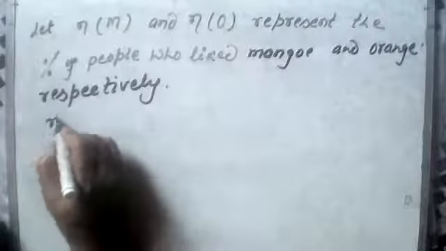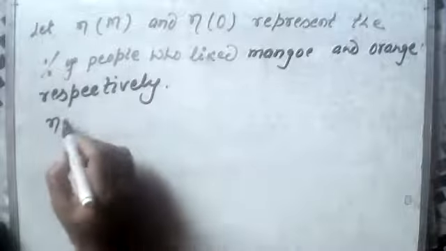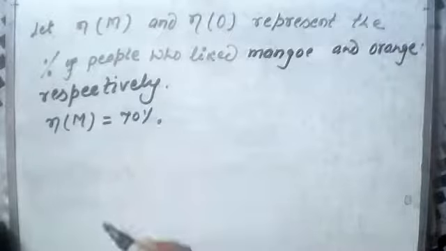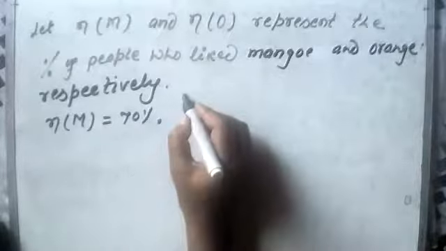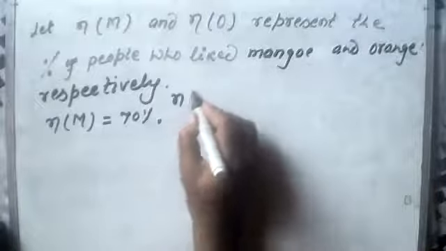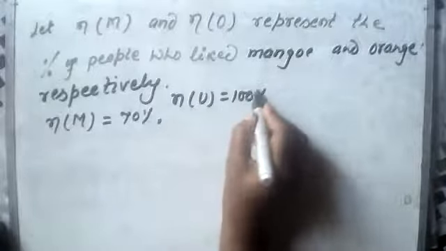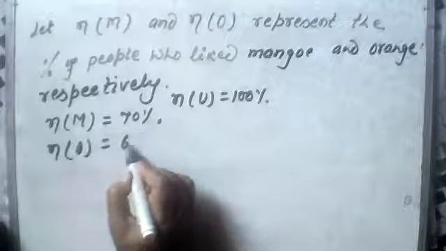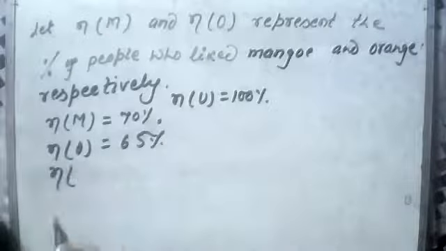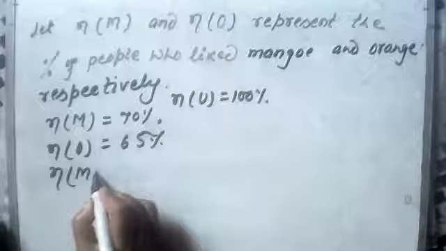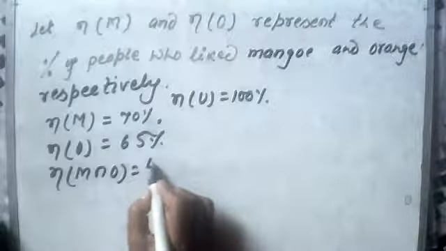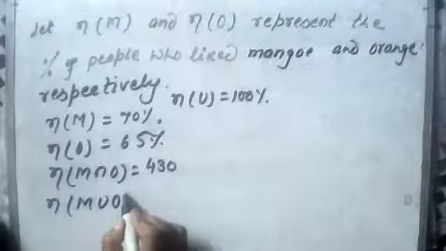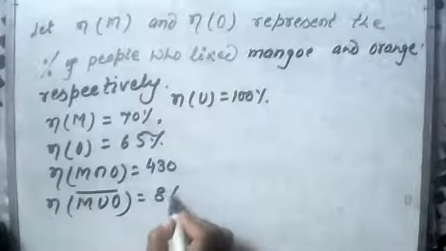Now we need to write the information given in the question. Before we write n(M), we write n(U) is 100%, and then n(M) is 70%, n(O) is 65%, and the number of people who like both, that is M intersection O, is 430, and those who do not like any, that is (M union O) complement, is 8%.